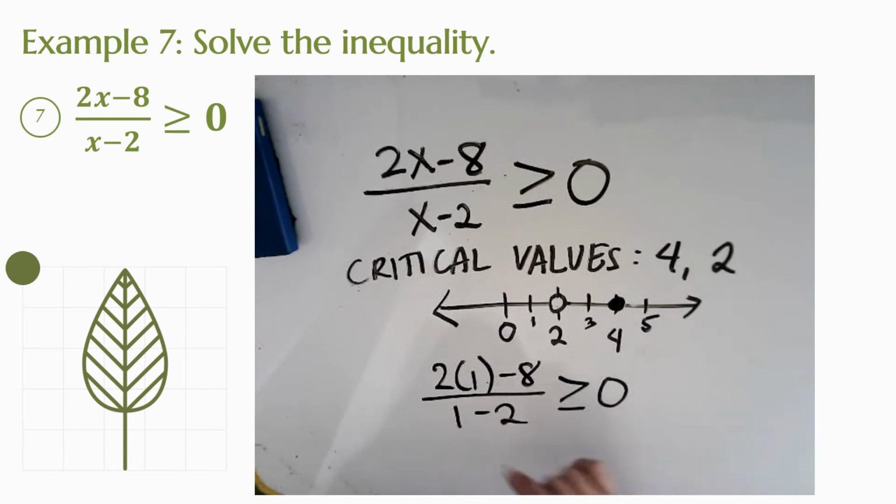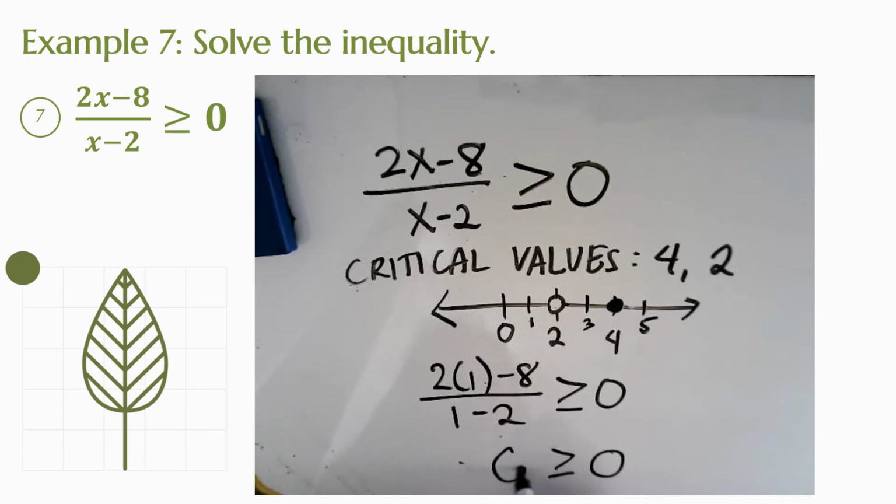Let's see. 2 times 1 is 2, minus 8 is negative 6, over 1 minus 2 is negative 1. Negative 6 divided by negative 1 is positive 6. Now, is positive 6 greater than or equal to 0? Yes, 6 is greater than 0.